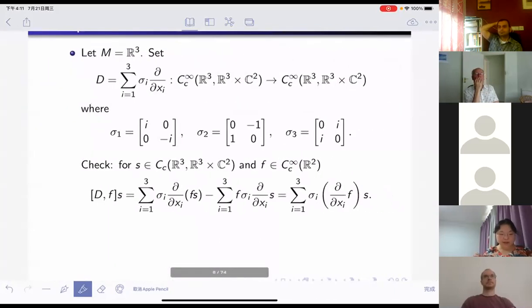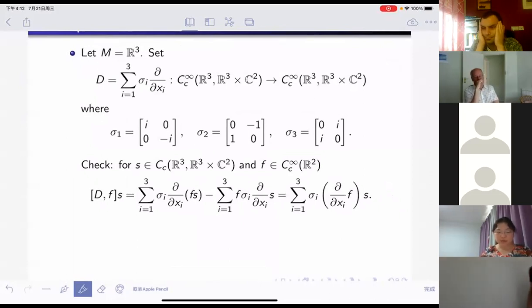And it turns out that one can check this operator satisfies the conditions in the previous page. That is, D is a symmetric and first order differential operator. These are very simple to check.